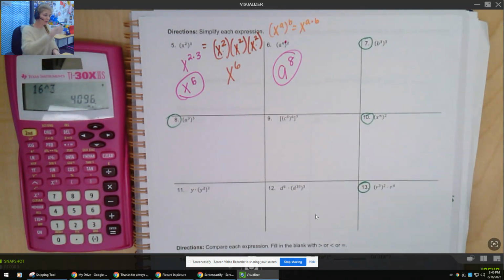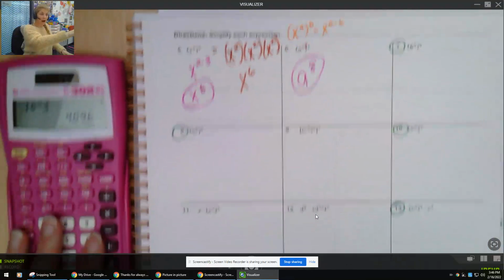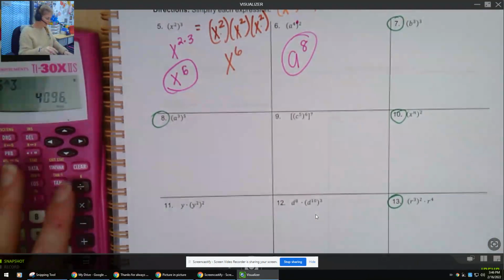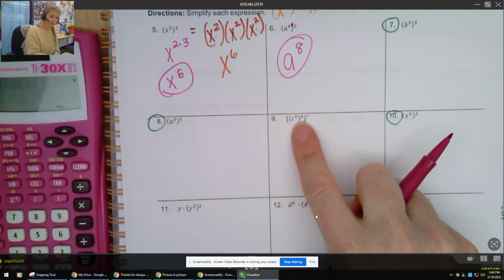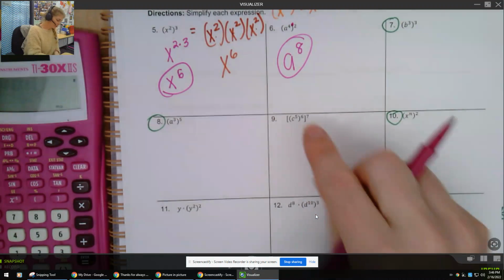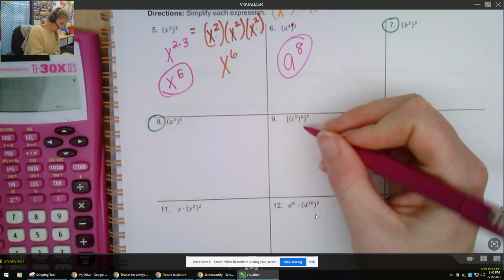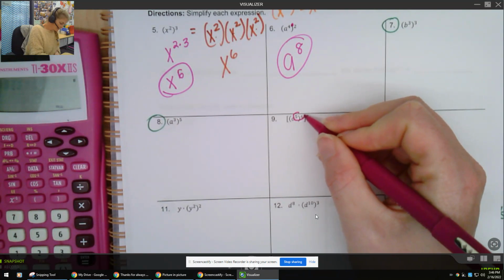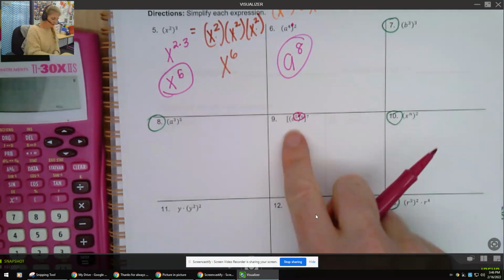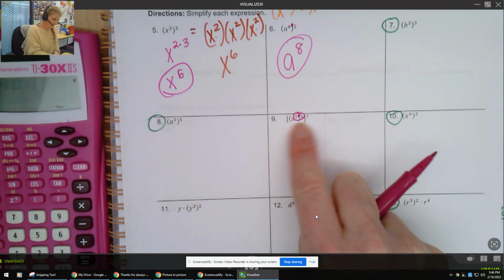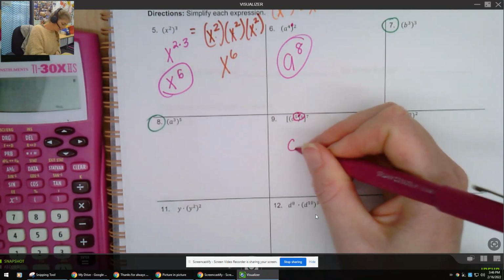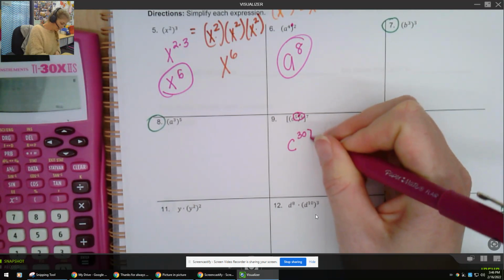Ooh, so this is power of a power of a power. So it's the same rule that we're going to multiply. So let's think about this. I'm going to go c to the 5th to the 6th power. We're going to multiply that. So you'd have 5 factors of c 6 times to have a total of 30 factors of c.